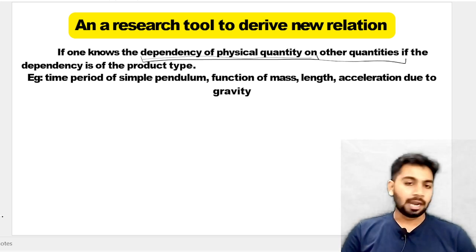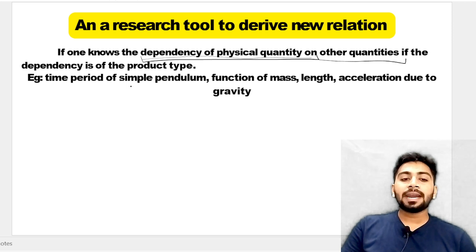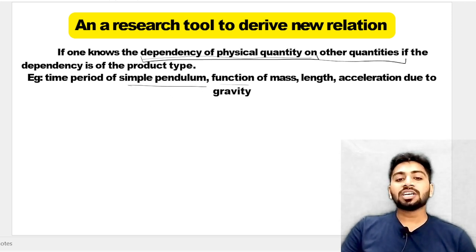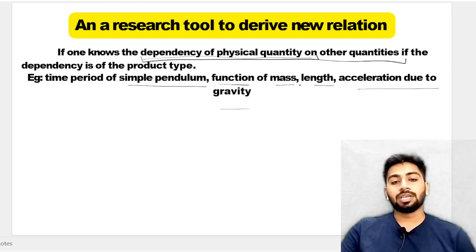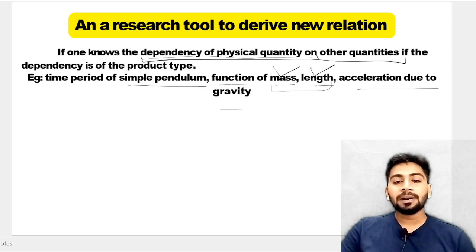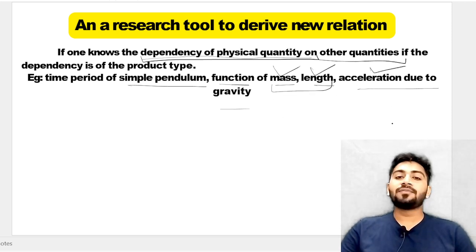You will 100% understand. Now, the time period of a simple pendulum. The time period of a simple pendulum is a function of mass, length, and acceleration due to gravity. Now see, mass is a fundamental physical quantity, and this is a derived physical quantity.